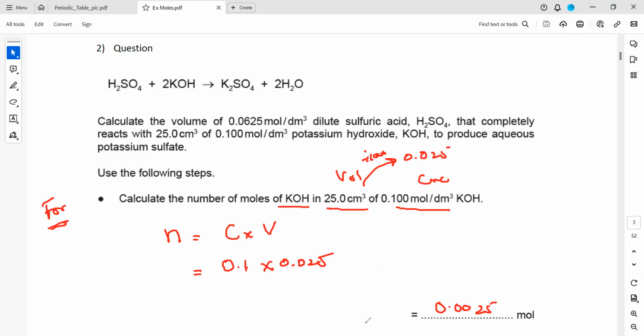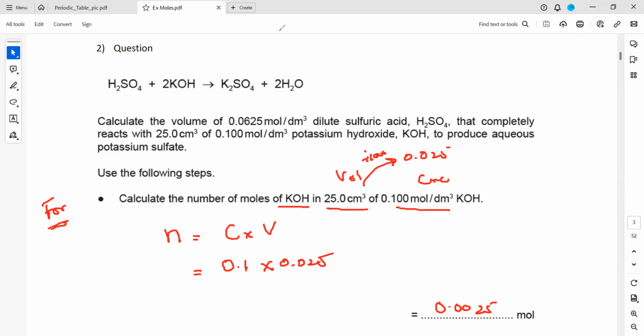Anybody having a doubt or a question in this? They asked to calculate the volume of sulfuric acid. That is the last part. Whenever you are solving a moles question, you always follow the sequence.